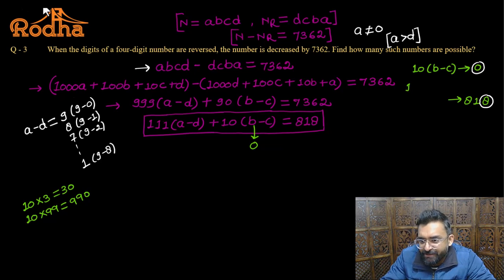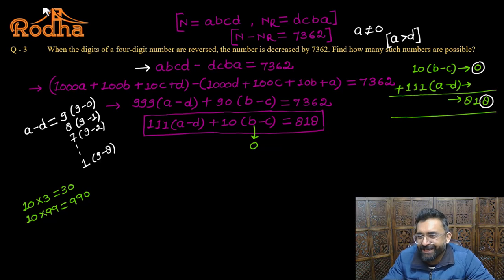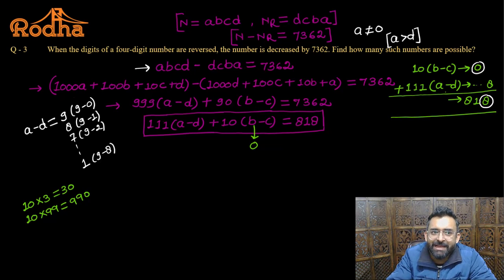Look at this, 111 into A minus D should be ending with something, and if I add these two, the summation should eventually end with 8. So there is no rocket science in guessing. A minus D should be something which is ending with 8. Why? Because if it is ending with 8, 111 into 8 will be 888, and 8 plus 0 will end with 8. So it should definitely end with 8. Okay. Then only I can get 8 plus 0 is equal to 8. I hope it is okay.